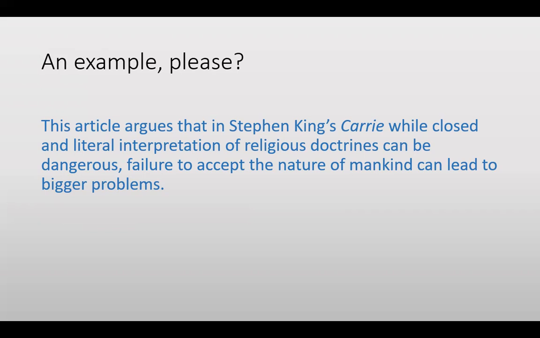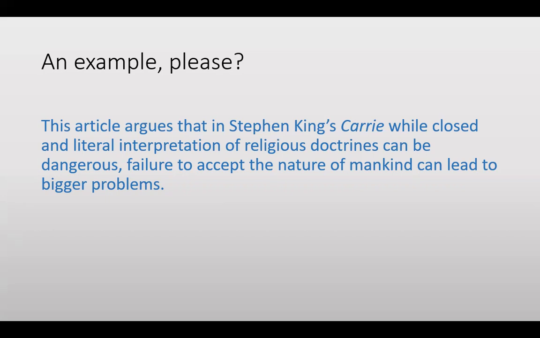So my argument is, this article argues that in Stephen King's Carrie, while close and literal interpretation of religious doctrines can be dangerous, failure to accept the nature of mankind can lead to bigger problems. So my argument is that literal interpretation of religion or religious teachings can be dangerous, but there is something even more dangerous than that, which is the failure to accept the nature of mankind.